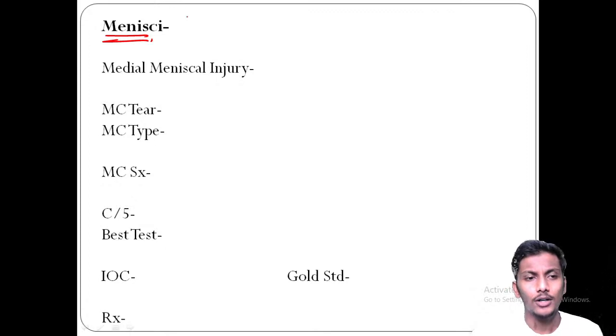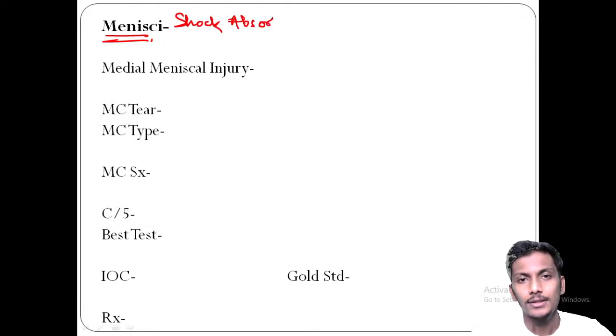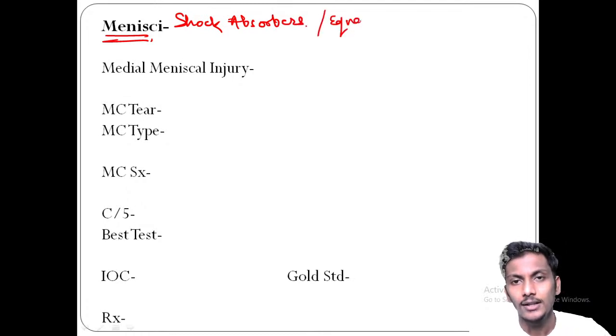So please remember, menisci, like we have medial meniscus and lateral meniscus in the knee joint, which prevent friction. So what is their main function? These act as shock absorbers in the knee, and the second function is they are responsible for equal weight distribution.